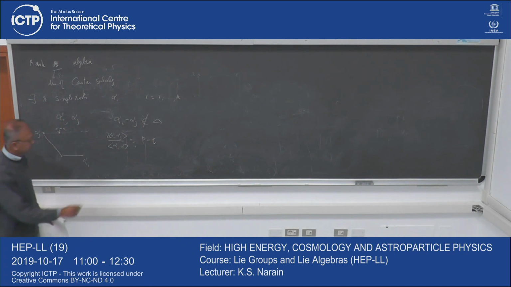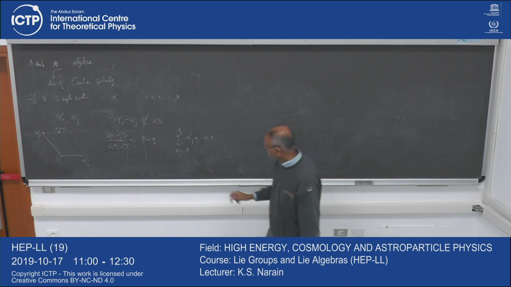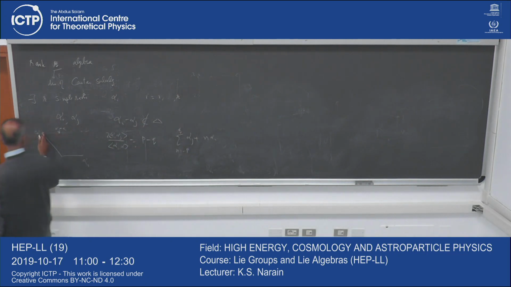This chain corresponds to alpha_j plus n alpha_i, where n goes from minus P to Q. Since there are no negative ones, P is 0.